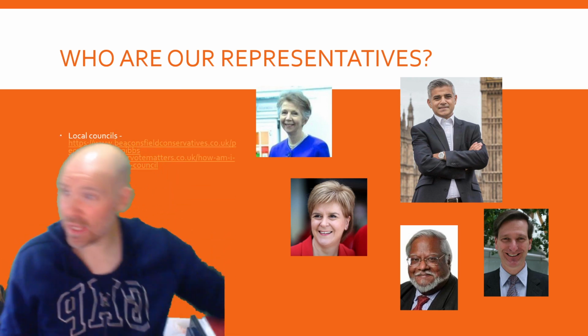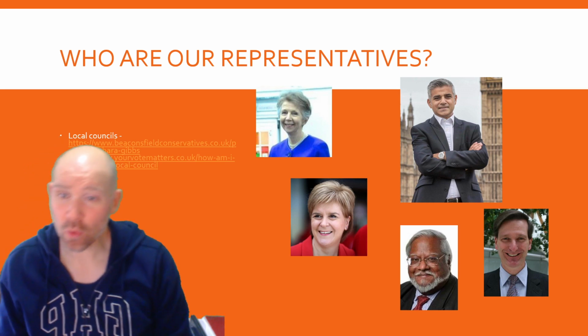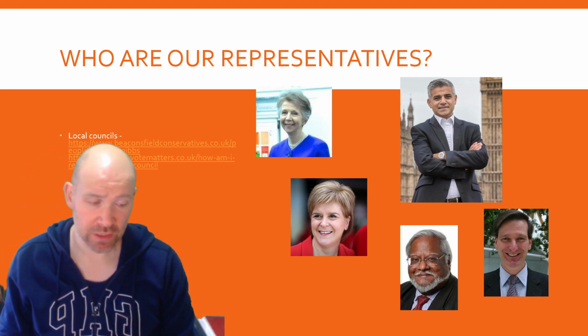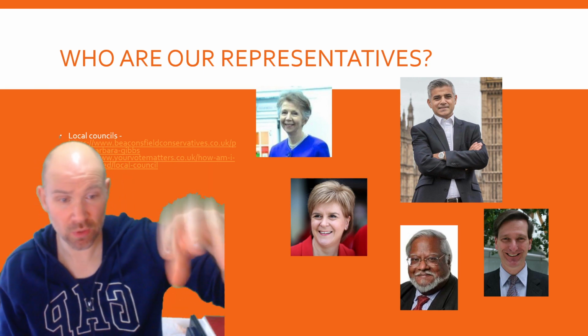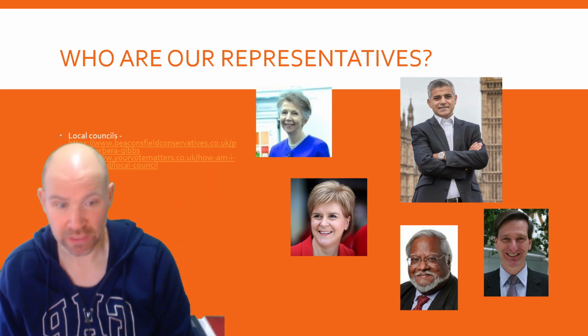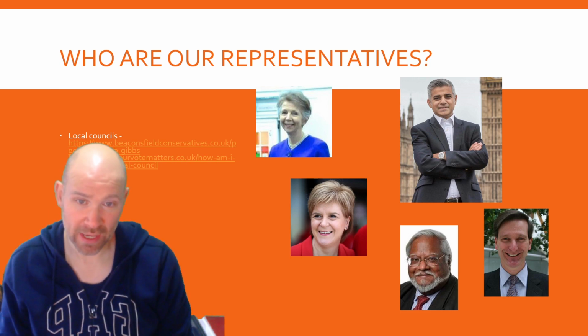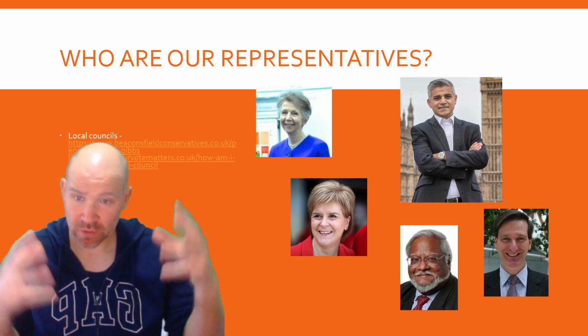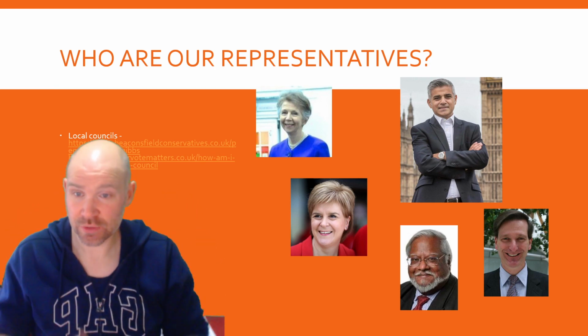First of all, we have Barbara, and Barbara is your local councillor. So she is elected to your local government. Only the people in your local ward or constituency will vote for her. We're talking maybe just a few roads or a small area voting for a local councillor that will work on local issues.